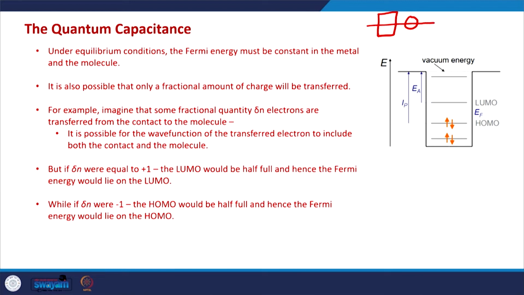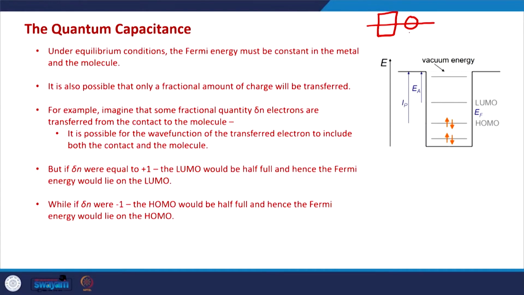In order to arrive at the equilibrium, the Fermi levels must be aligned, which means that the Fermi levels must change. The Fermi level of the metal does not change because the number of electrons on the metal is extremely high, so even if there is a change in the number of electrons, it will not change. But the Fermi level of the quantum dot can change just by changing the number of electrons.